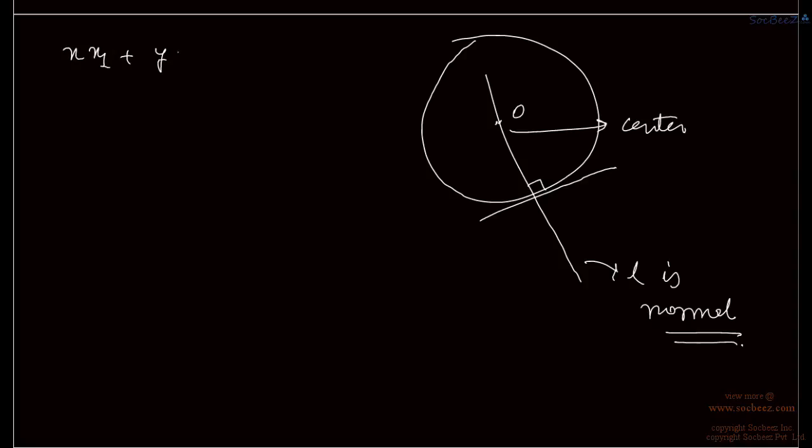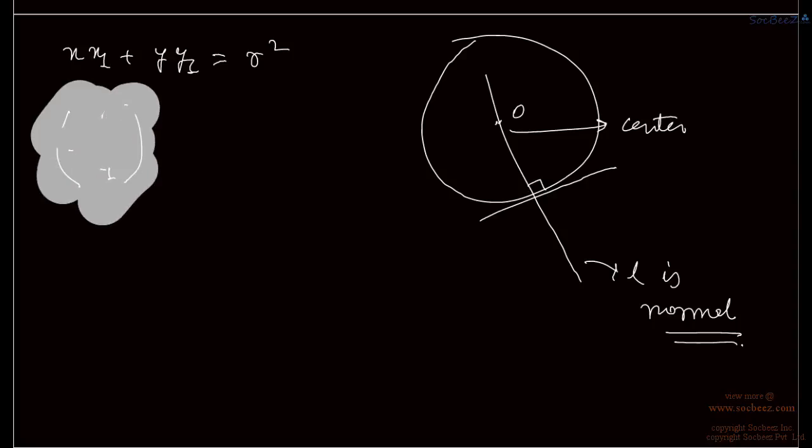We have the equation of tangent at point x1 y1 as x x1 plus y y1 is equal to r square. That means its slope is... it's not like this.